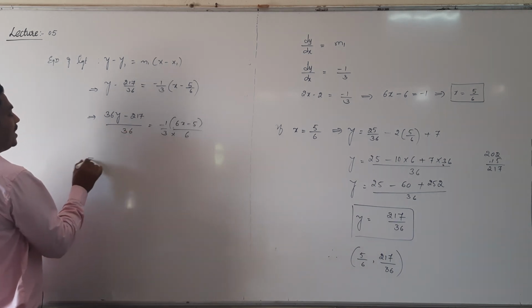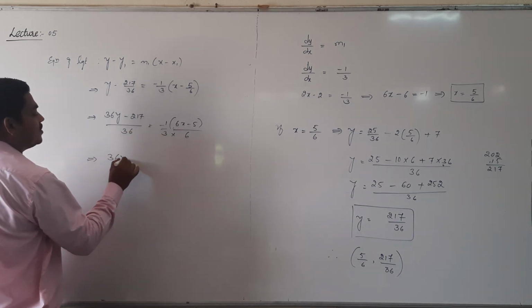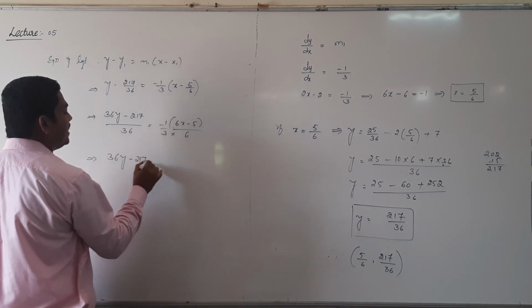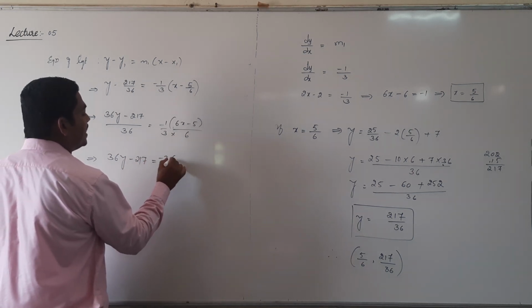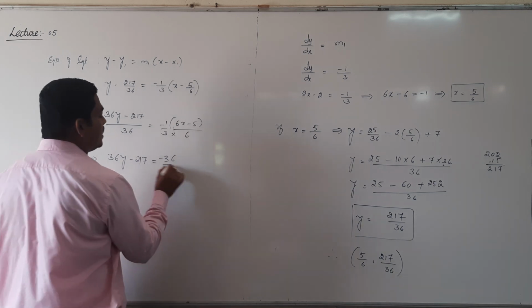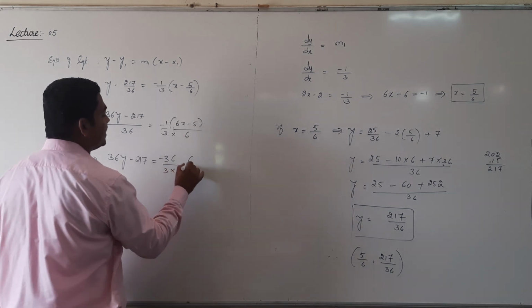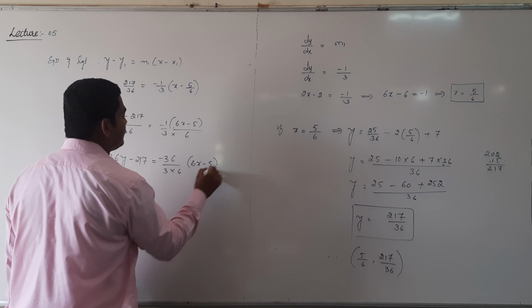Then cross multiplication: 36y minus 217 is equal to minus 36 divided by 3 into 6 into 6x minus 5.